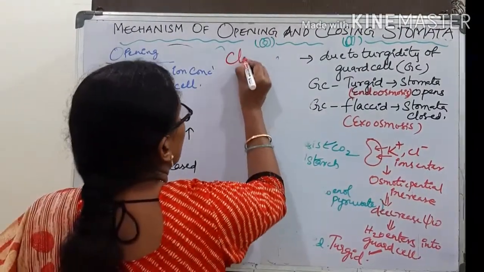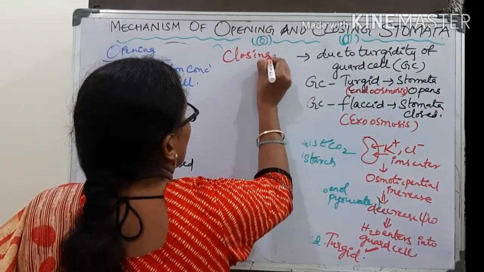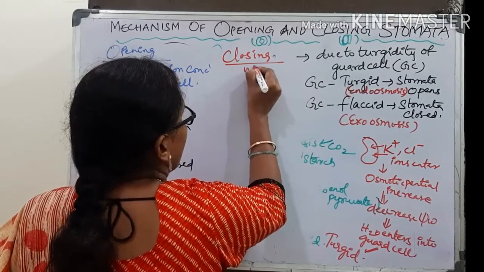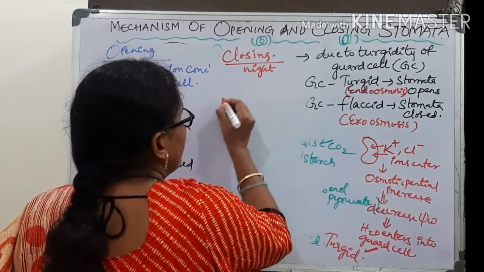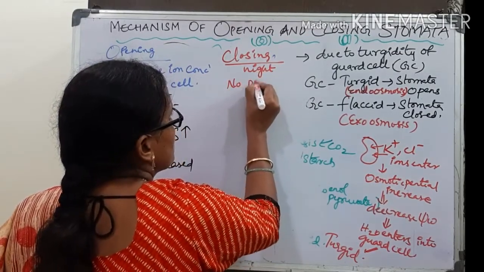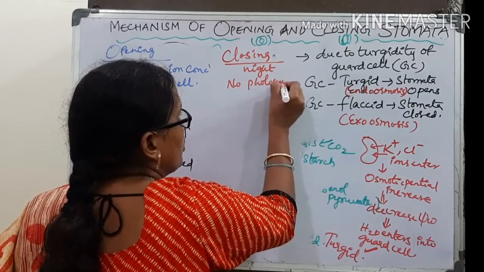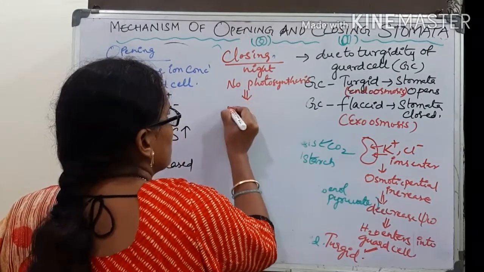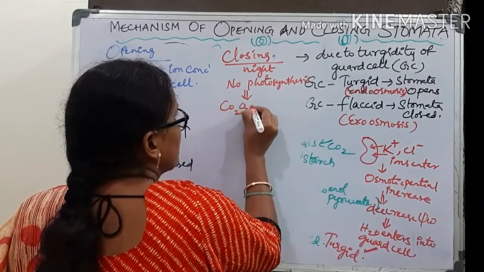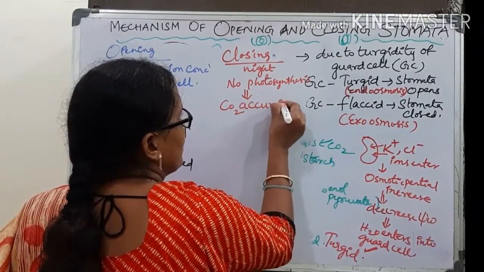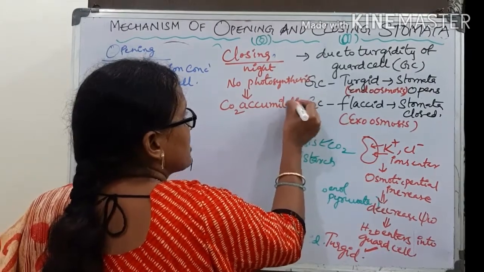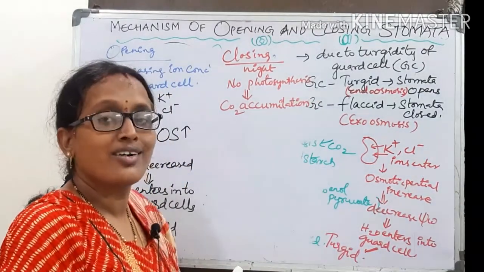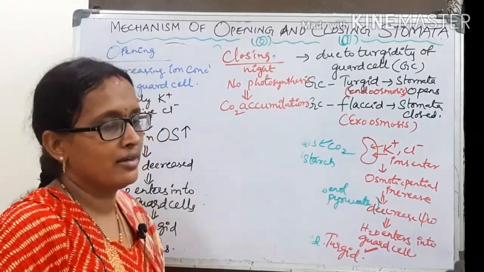Closing of stomata happens during night time. No photosynthesis because light is not there. So no photosynthesis, but carbon dioxide accumulation. Carbon dioxide enters into the cell, that causes accumulation of carbon dioxide.